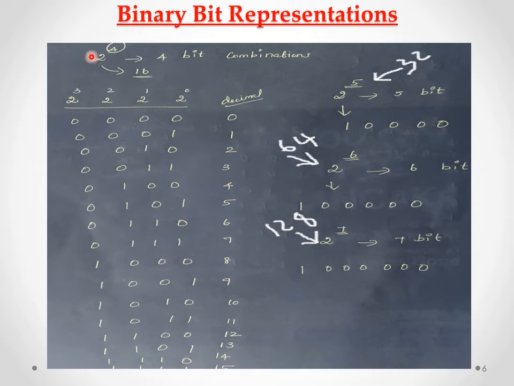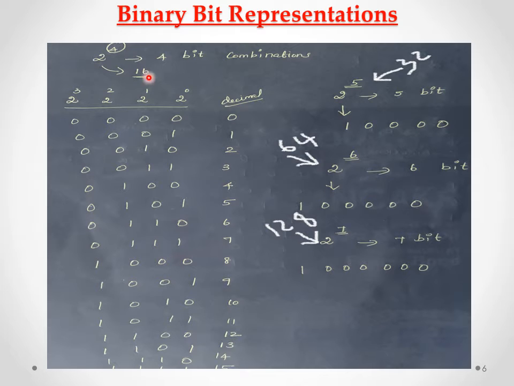For 4-bit representations, 2 power 4 is equal to 16. So with 4 binary bits, we can make a total of 16 possible combinations. That is 0 to 15. Total numbers are 16.